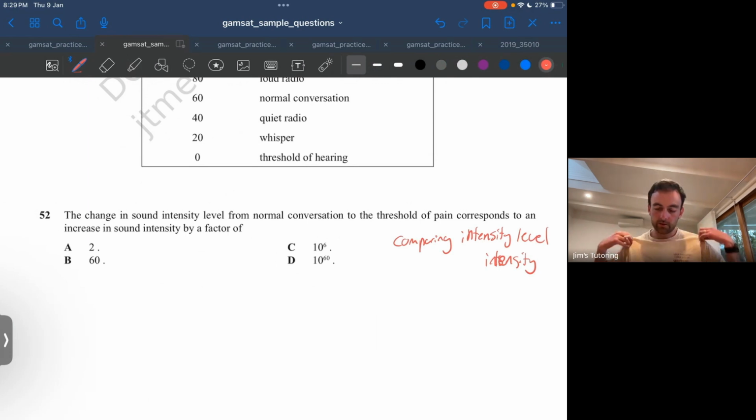So I think it's just good to think about when you can summarize it into these words, when have you done something similar? If we're comparing intensity level and intensity, when is the time that you've compared 2 things?